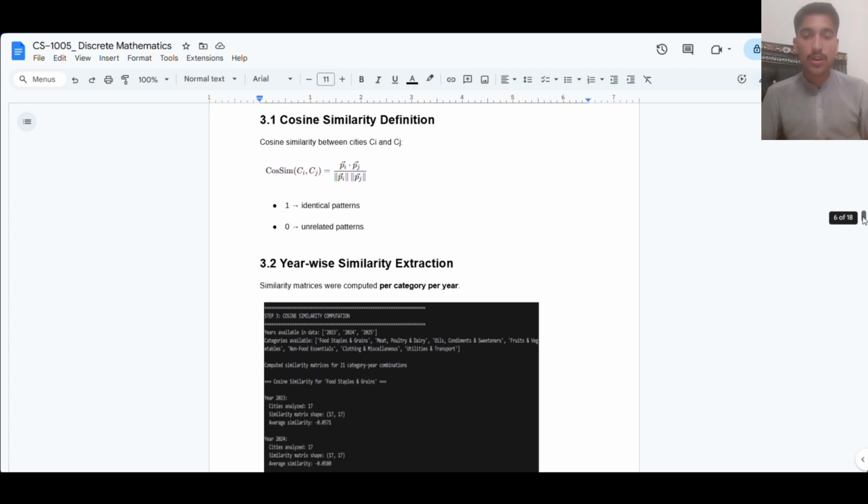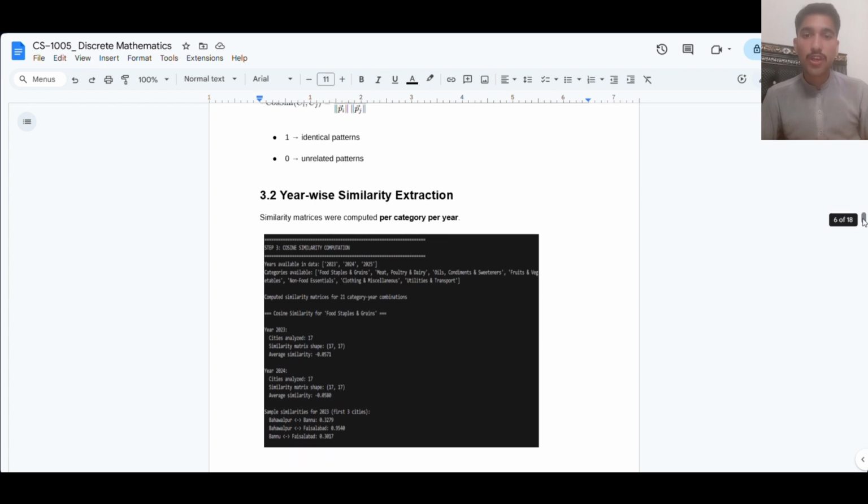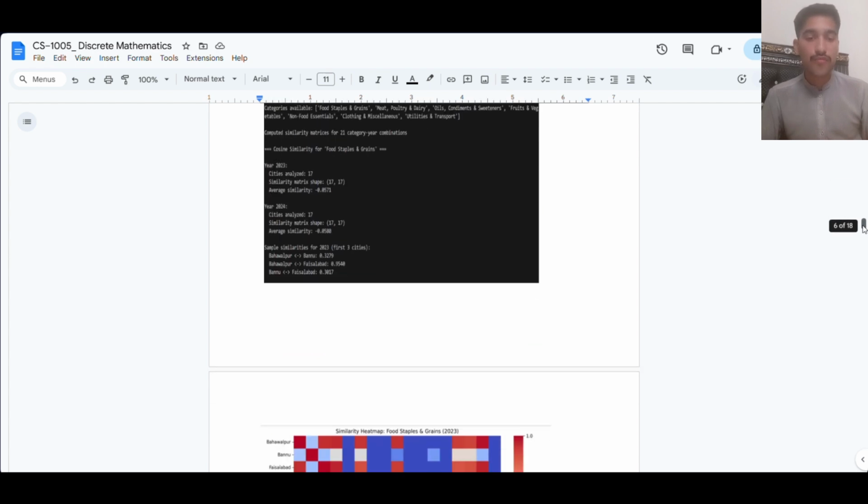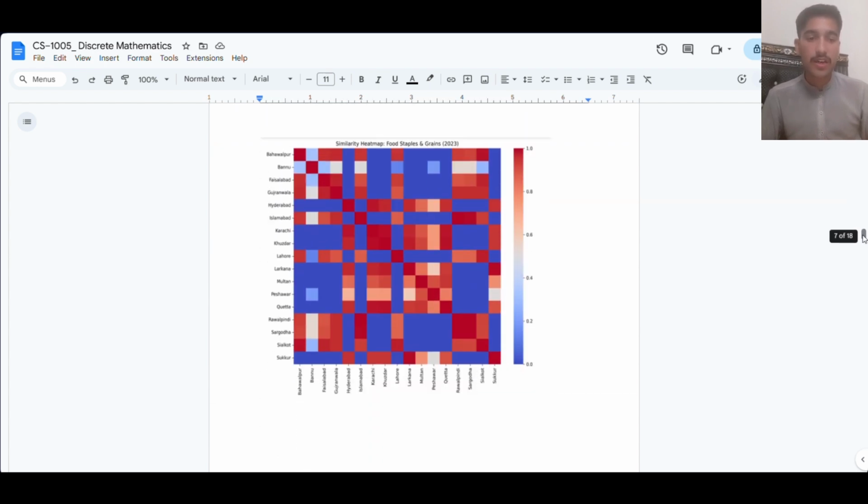Then the next step we did was to visually see these cosine similarities. We computed a heat map, which compares each city with every other city. What is a heat map and how do we read it? It is a colorful grid where the brighter, or warm, colors show high similarity, while on the other hand the darker colors show lower similarity.